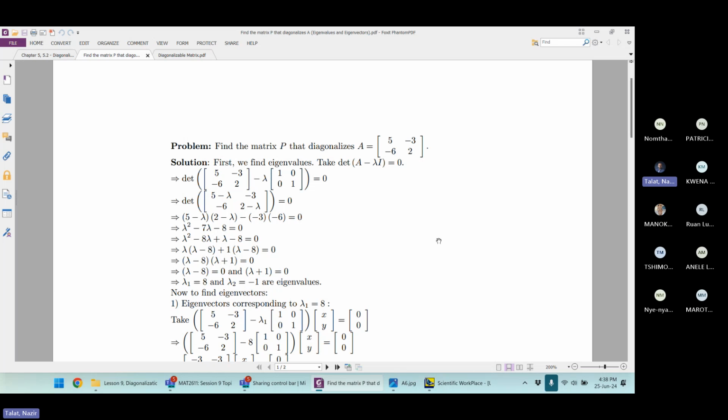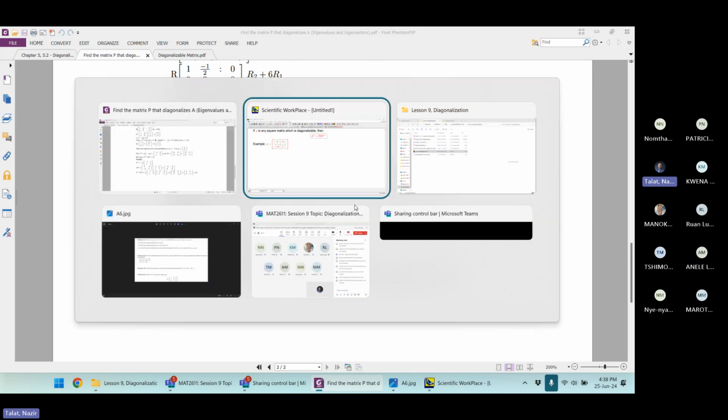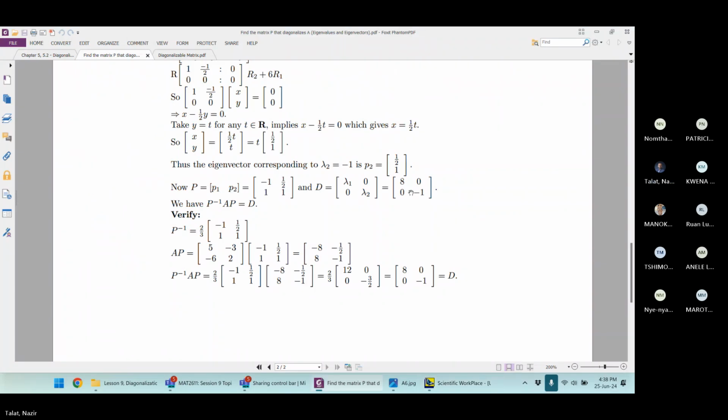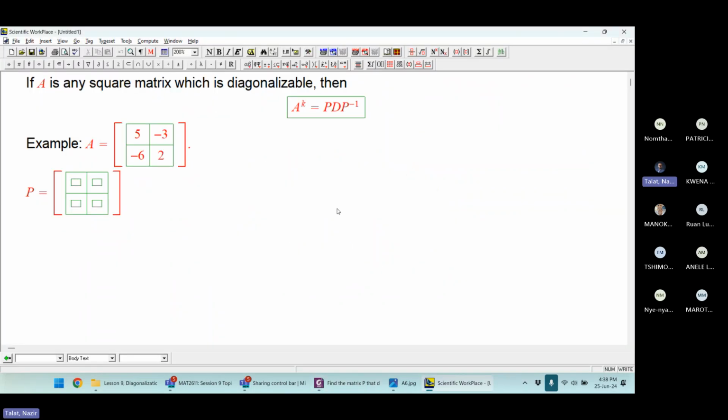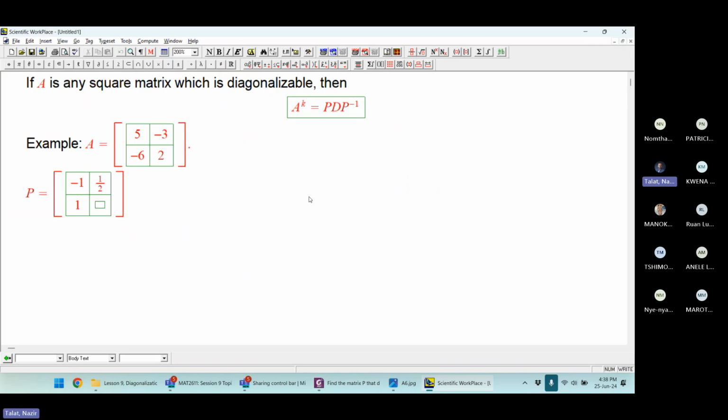Yes, this is the matrix A, and we know how to find its eigenvalues and eigenvectors. For this we already computed a matrix P, which is minus 1, 1 by 2, and the next is 1. So this is the matrix P.